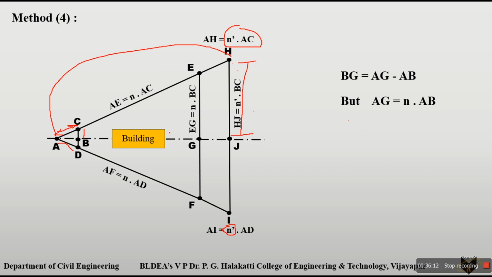So instead of AG you can write n into AB. In this term take the common term, that is AB. So we will get BG is equal to AB into (n minus 1) in brackets. So you can get the distance of BG.